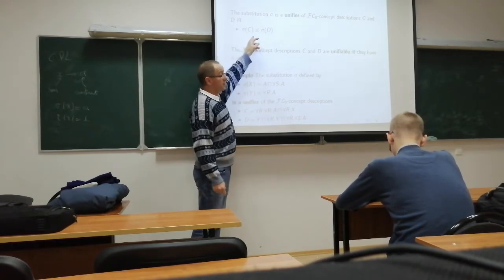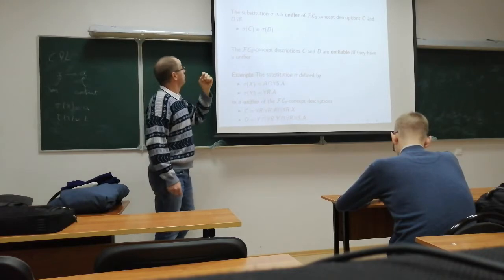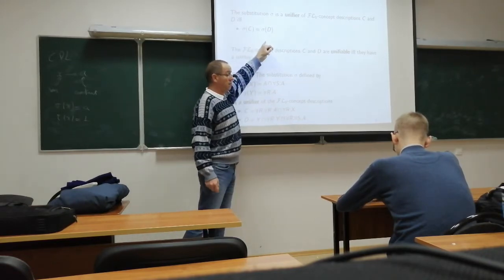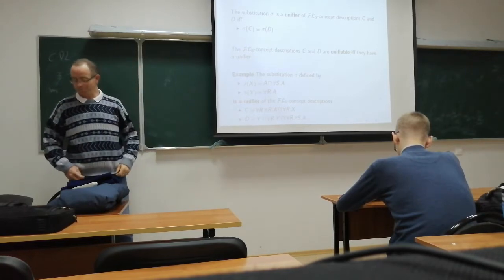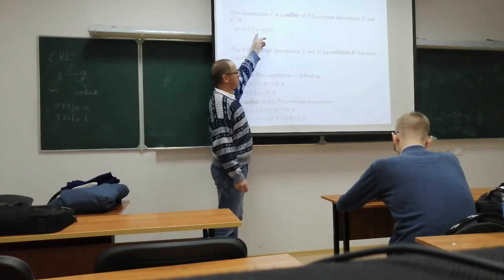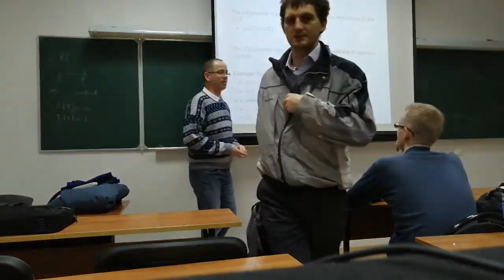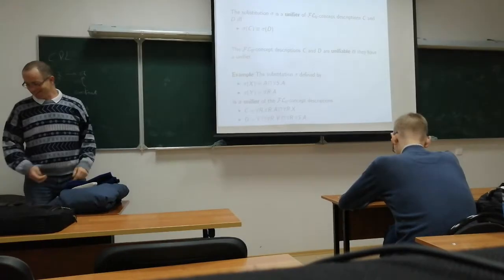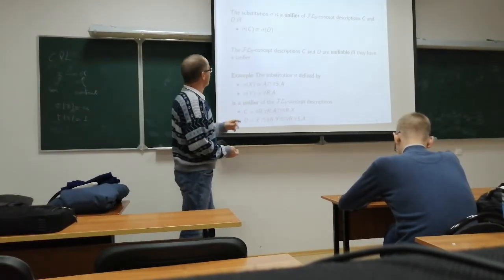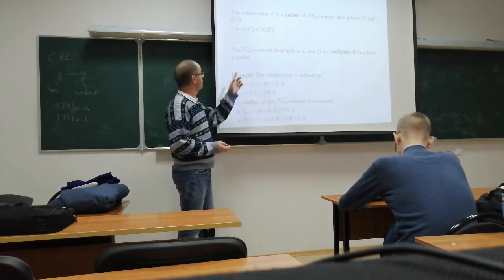A unifier of such a pair, C and D, is a substitution sigma which, when you apply it to C and D, makes C and D equivalent. Here, equivalent means equally interpreted in all modal Kripke models. Then we say that the concept descriptions C and D are unifiable if they have such a unifier.